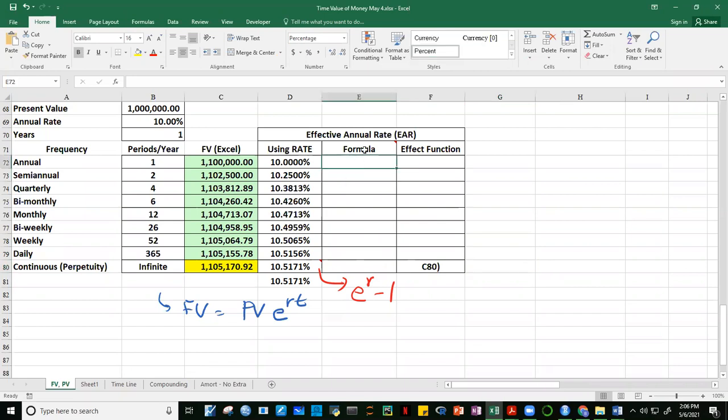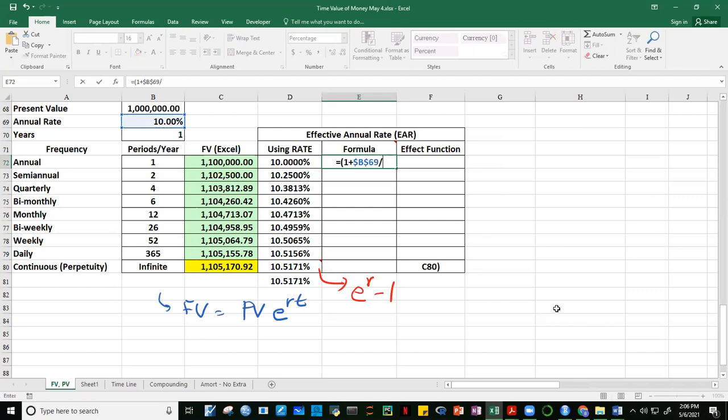Okay, actually, okay, ano to? Yung formula niya, ito. No? So the formula to compute for the effective annual rate is 1 plus the nominal rate divided by the periods per year raised to the periods per year. Okay, so let's do that. Is equal to 1 plus the nominal rate. The nominal rate is 10%. I-fix natin to.